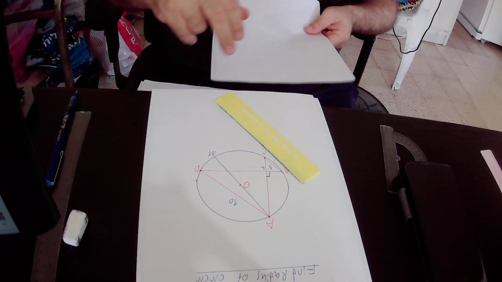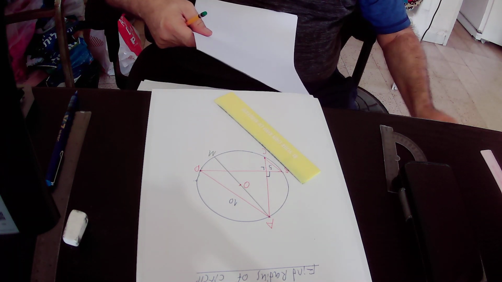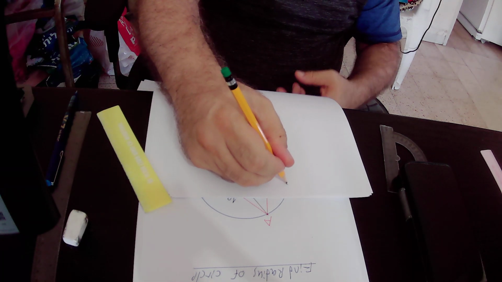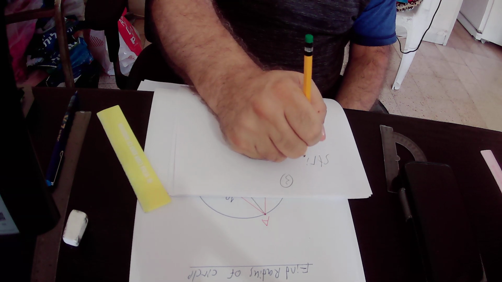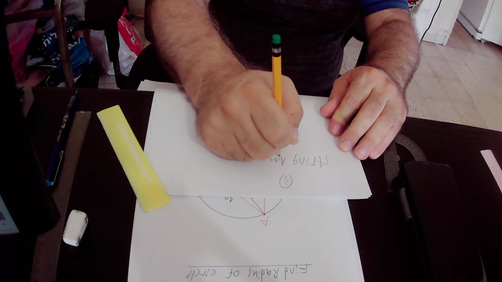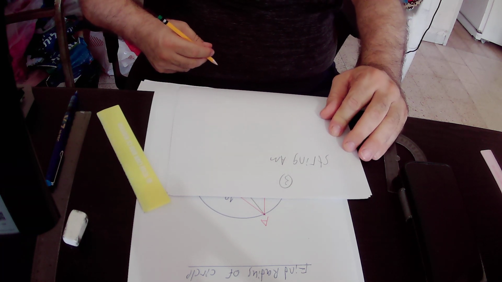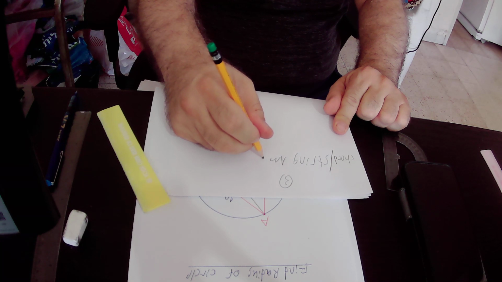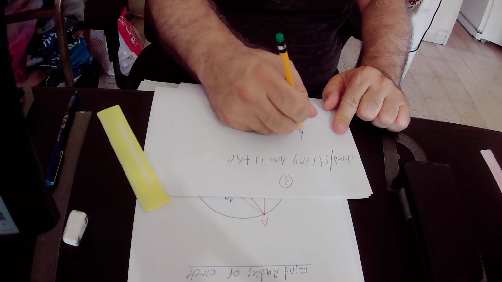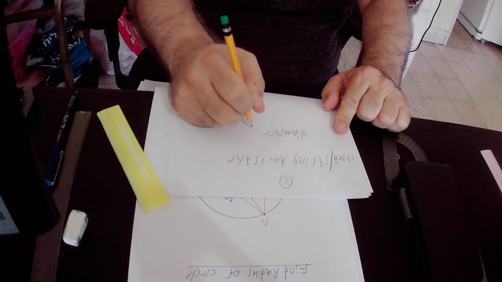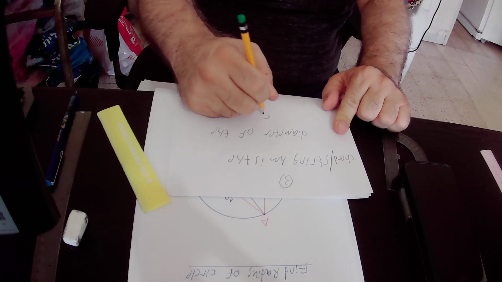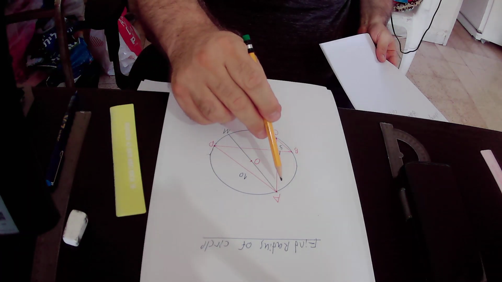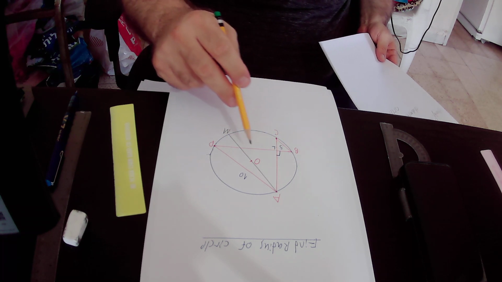I will write it down: string AM, or chord AM, it is the same, is the diameter of the circle.